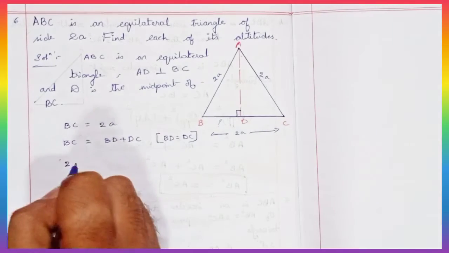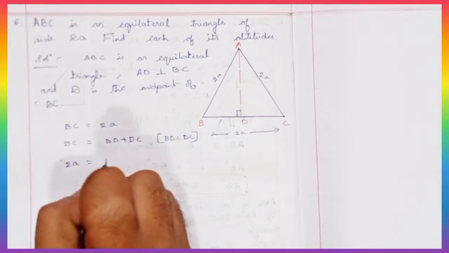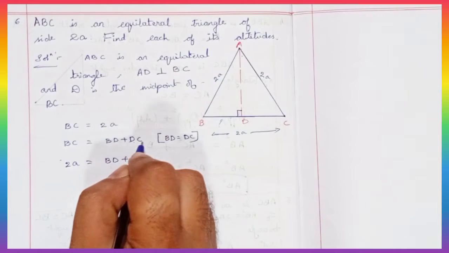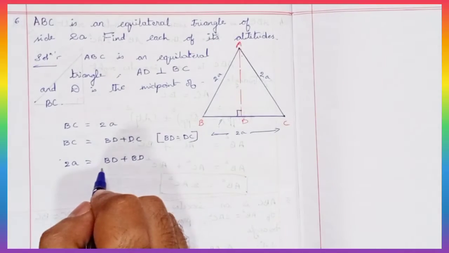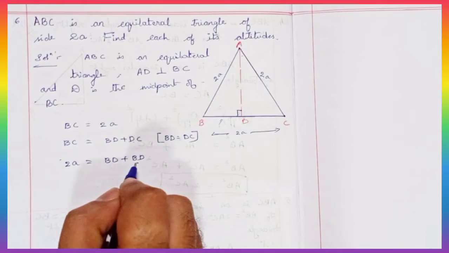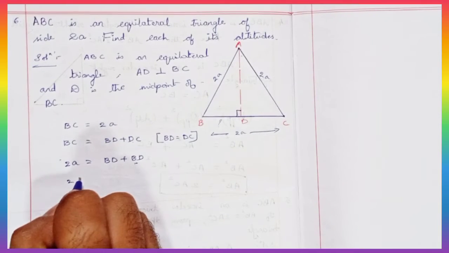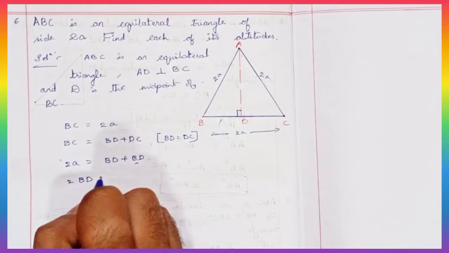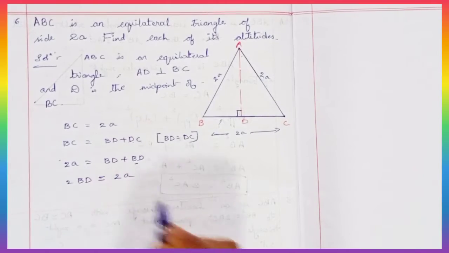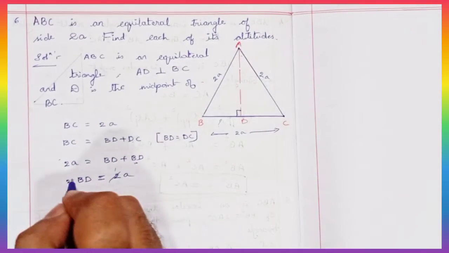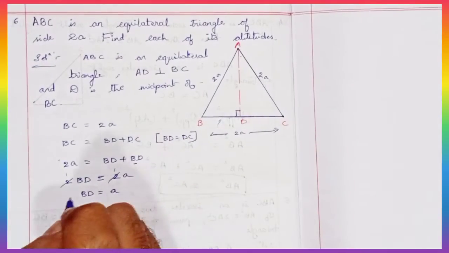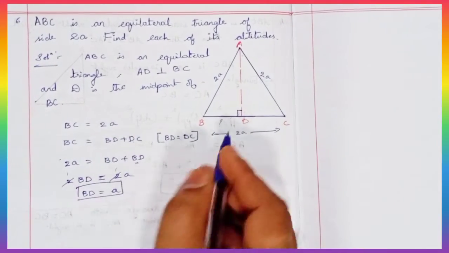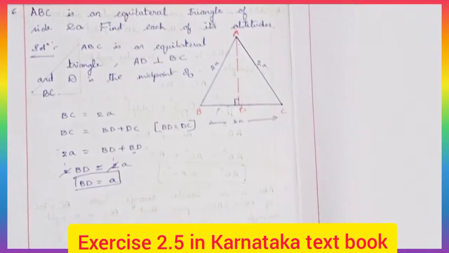So instead of writing BC, I can write it as 2A, BD as it is, plus DC can also be written as BD, because DC is also equal to BD. So it becomes 2 times BD is equal to 2A. 2 ones are 2 ones are. So the length of BD is equal to A. So we got the measurement of DB or BD.